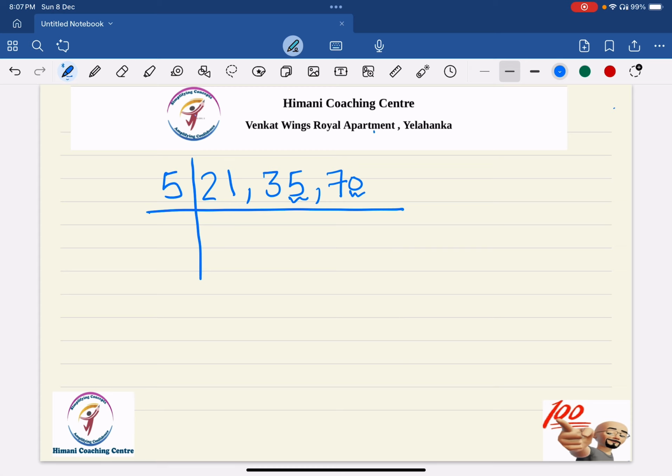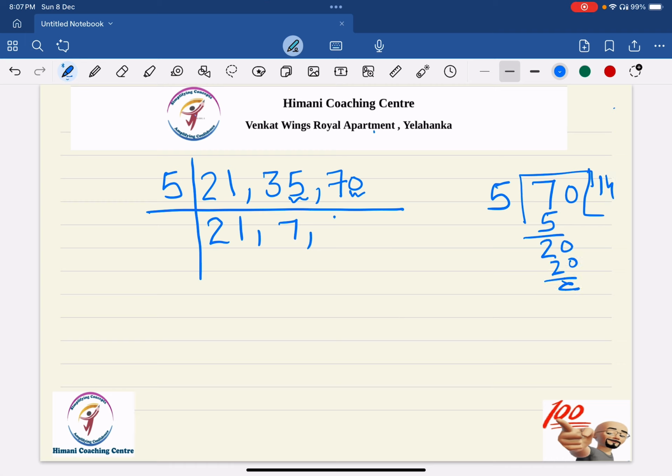So let us write 5 here and note down 21, copy it down as it is, put a comma. Now 5 times 7 is 35. Now for finding what will give, when 70 is divided by 5, so just do the division. 5 ones are 5, 7 minus 5, 2, 0, 5 fours are 20. So you will get a 14 here.